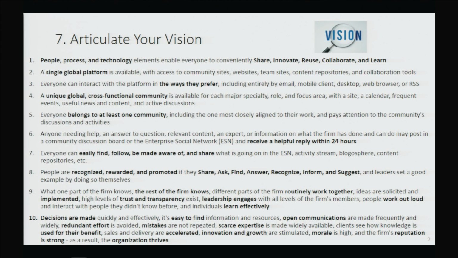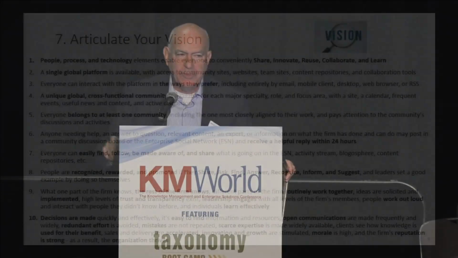But if they pay attention, now you can make this powerful promise about community, which is, if you have a question or you have a problem or you need to know something about this topic, which is an important topic for our company, and if you go to the community that's the relevant community for that topic, and if you ask that question, you will get an answer, and you will get an answer in a timely fashion. Now, if you can make that promise, that's a pretty powerful promise.